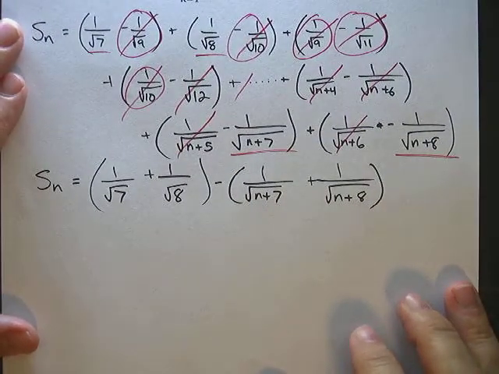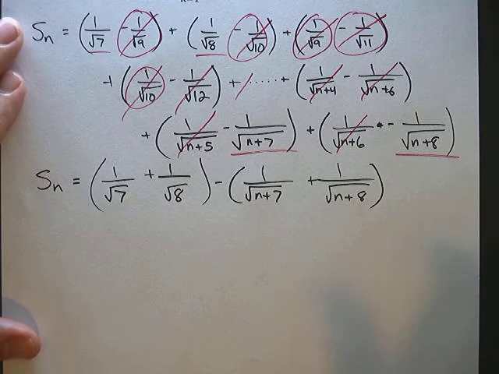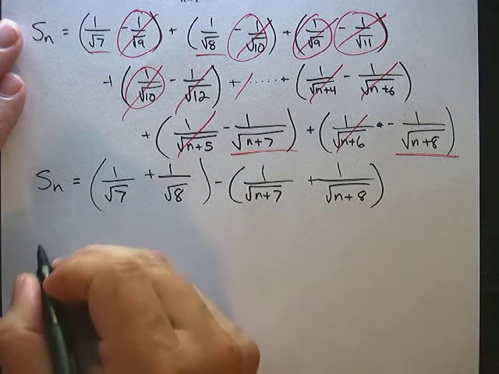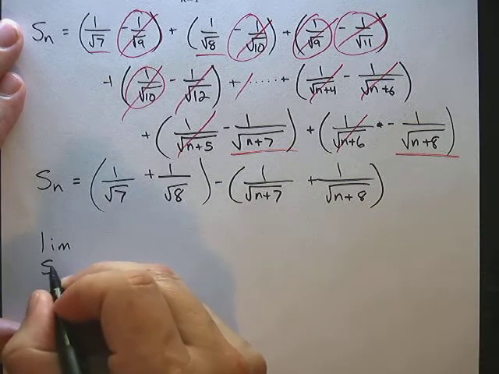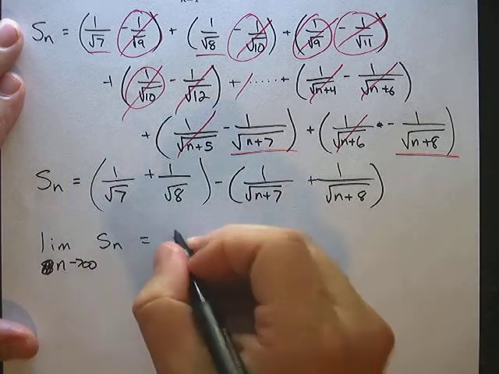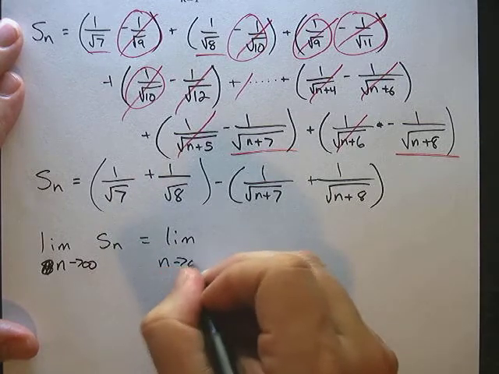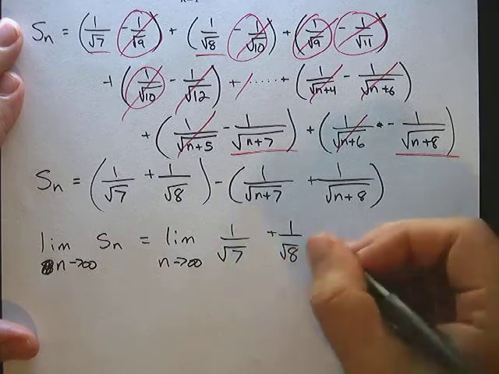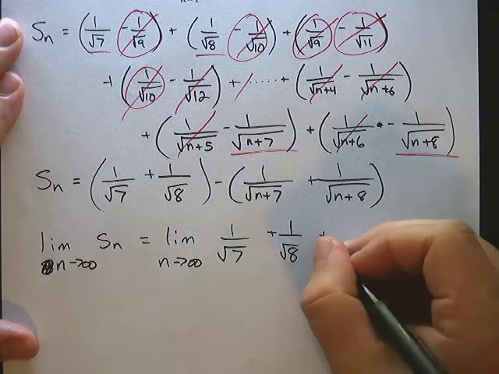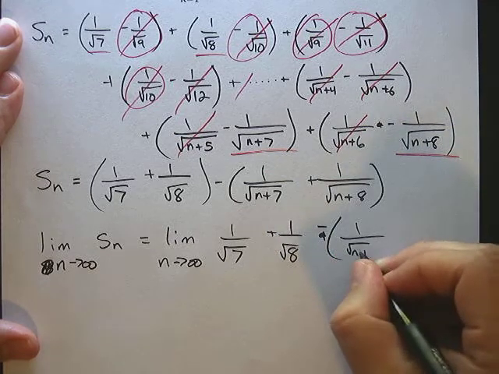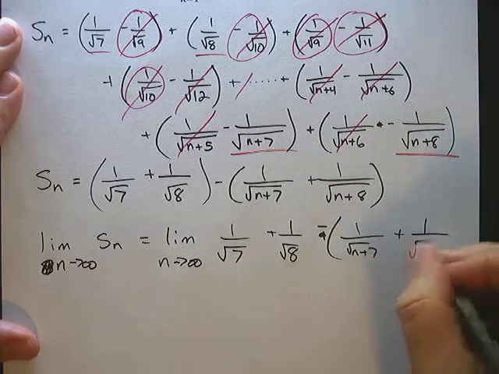Now we need to send this to infinity to see what the actual sum is, and whether it has a value or diverges to infinity. So the limit as n approaches infinity of S sub n is equal to the limit as n approaches infinity of 1 over square root of 7 plus 1 over square root of 8 minus, keeping those in parentheses, 1 over square root of n plus 7 plus 1 over the square root of n plus 8.